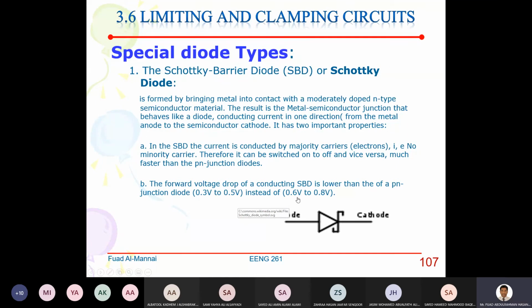So it dropped from 0.7 volt to around 0.4 volt, about 0.3 to 0.5. That's another advantage of it.